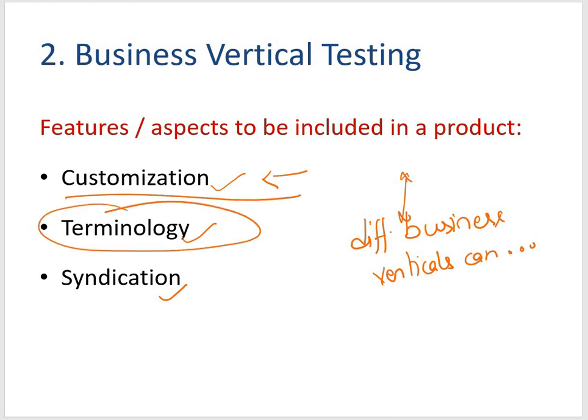Then what we have is terminology. Let's consider an example where we have an email service. In a loan processing system, the email that is sent is called a loan application.